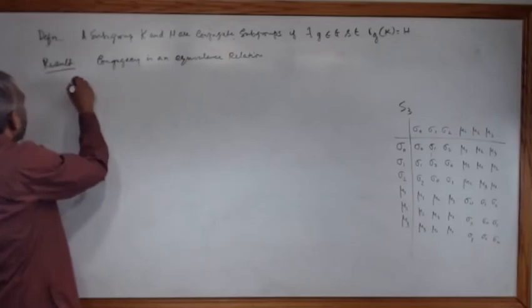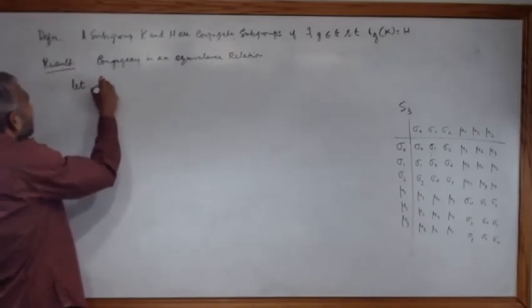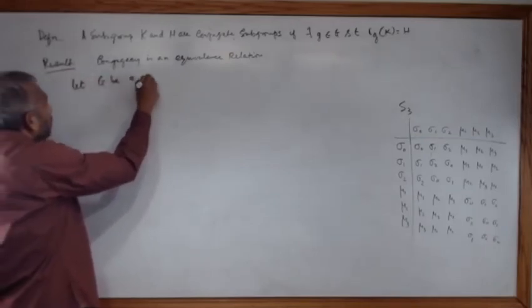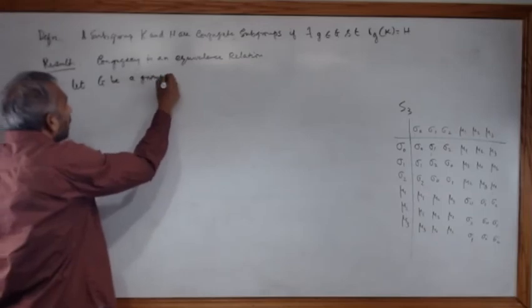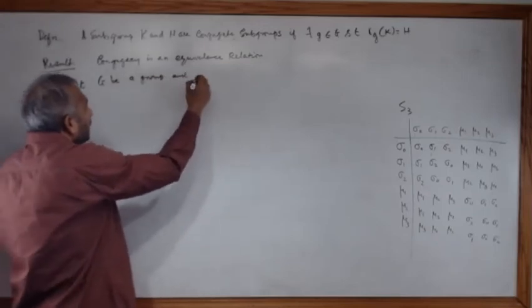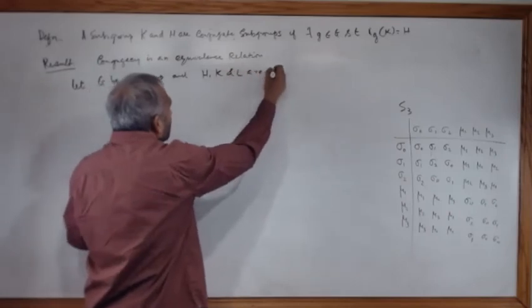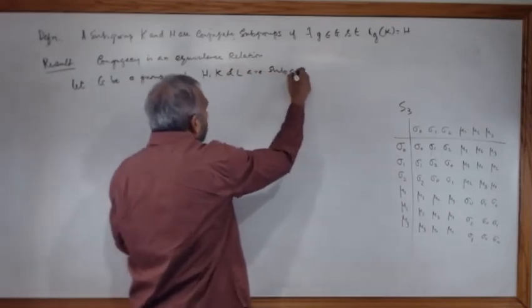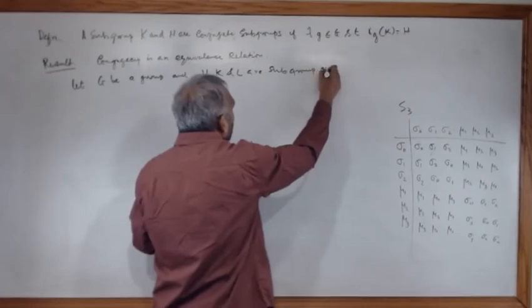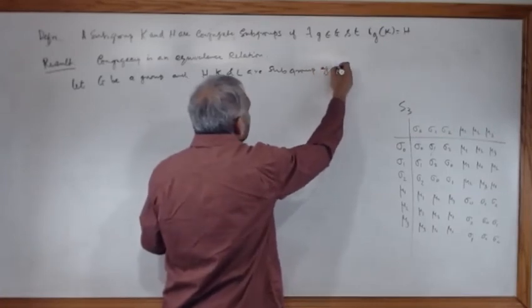So let G be a group and H, K and L are subgroups of G.